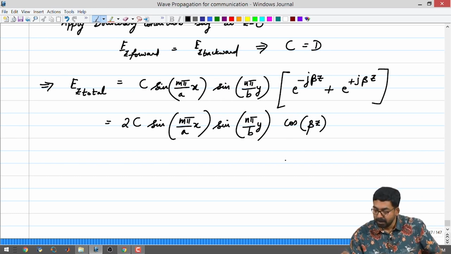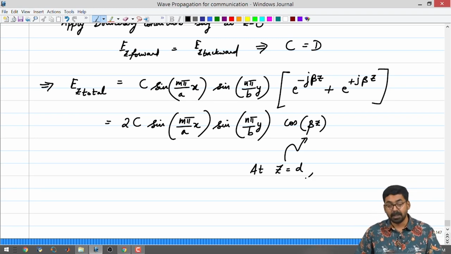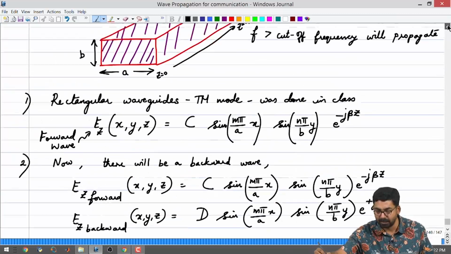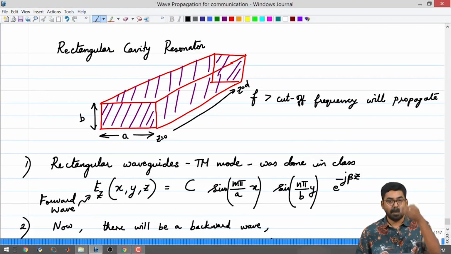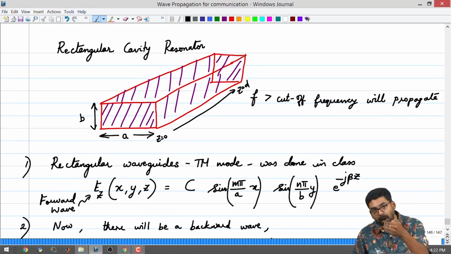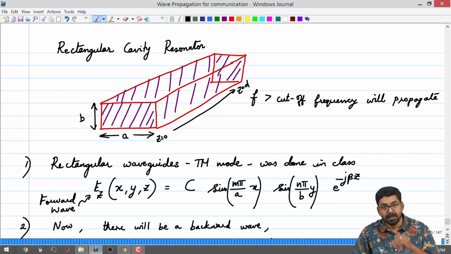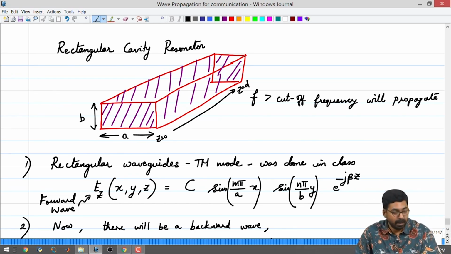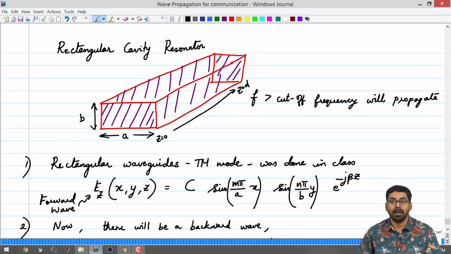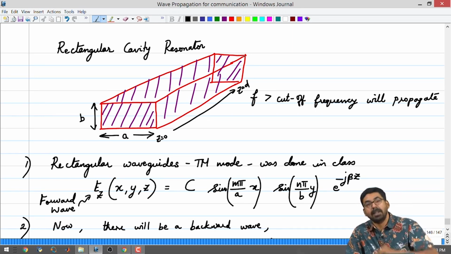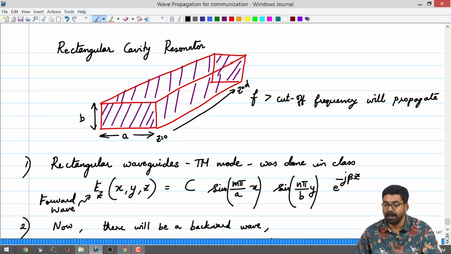So, at the position z equal to d, according to this diagram, I am having an interface once again between the dielectric and the metal wall. The wave that is travelling forward hits the wall, gets reflected back fully, and since the forward and the reflected wave have similar description, the waves will have to add up and the maximum will be present at the place where the interface is present. So, the maximum will be at the interface.